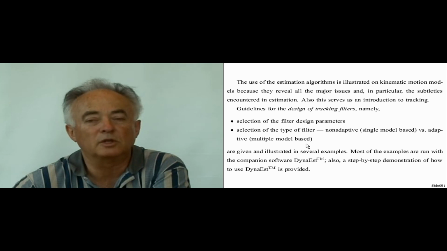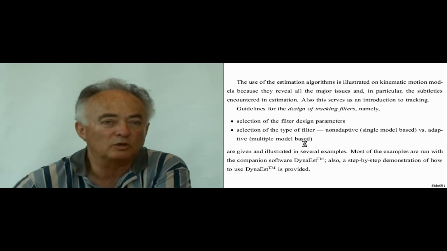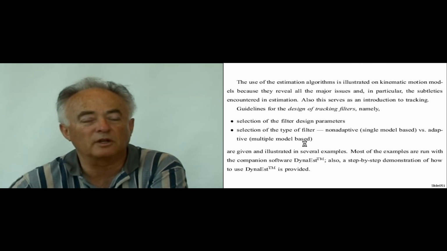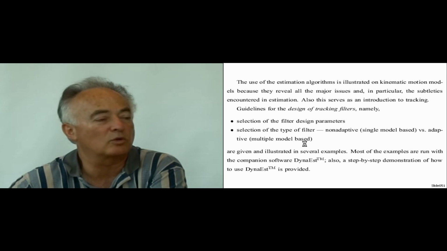And in the real world, many systems do not obey a single model, but for a while they behave according to one model, then according to another model, then back to the first model, then on to possibly a third model, and so on.